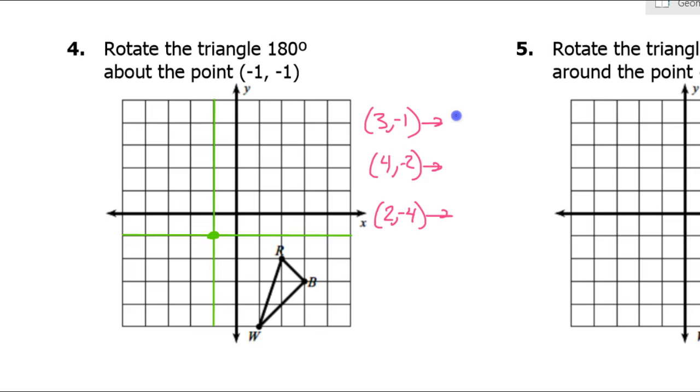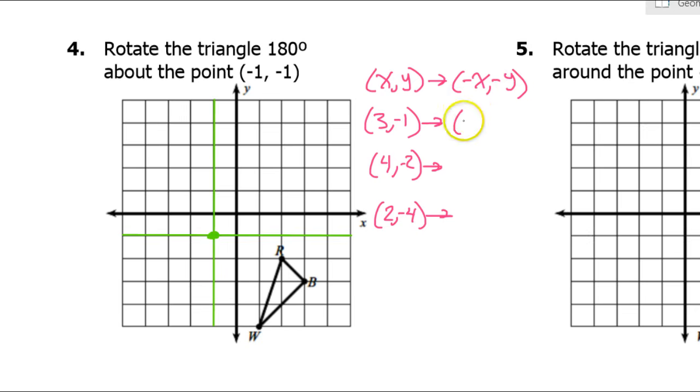All right, so now we can do the rule. So the rule for rotating 180 degrees is that x, y becomes the opposite of x and the opposite of y.